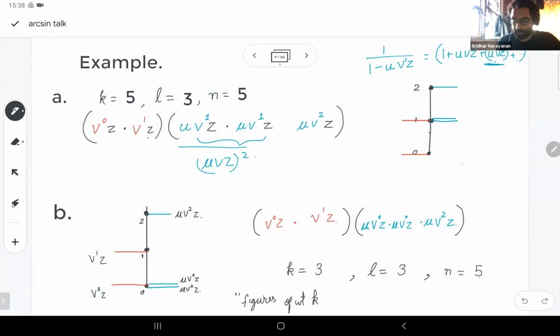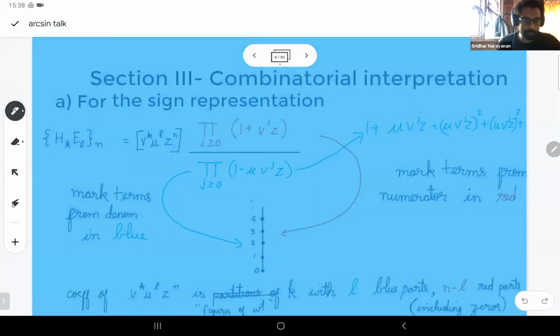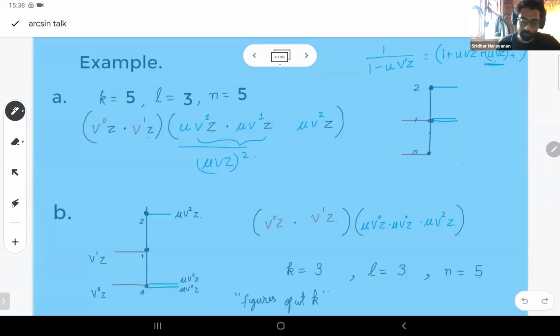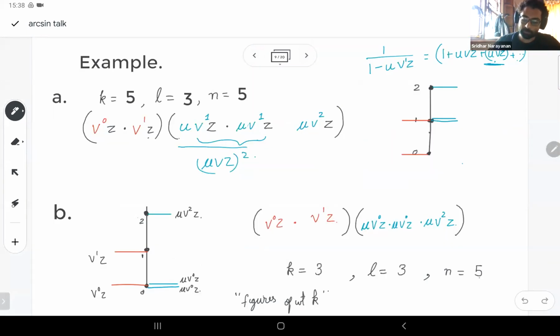So the coefficient of v raised to k, u raised to l, z raised to n is all figures of weight k with l blue parts and n minus l red parts. Just recall the weight of a figure. For example, the weight of this figure will be the sum of the levels that the pieces occupy, so 2 plus 1 plus 1 plus 1 plus 0.